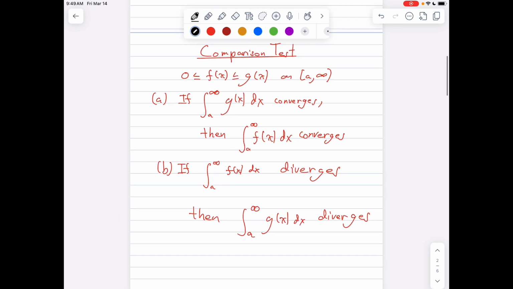The theorem only says if the bigger one converges, then the smaller one does, and if the smaller one diverges, then the bigger one will do the same. It doesn't say anything about the smaller one if the bigger one diverges. So you have to be careful when you're picking your inequality.